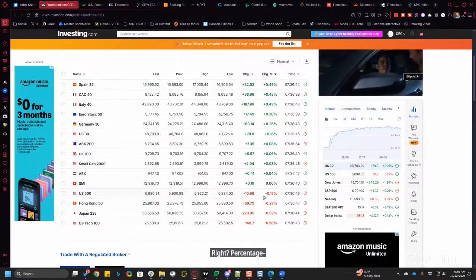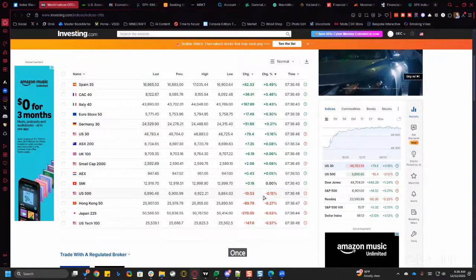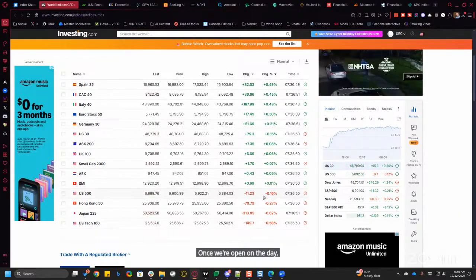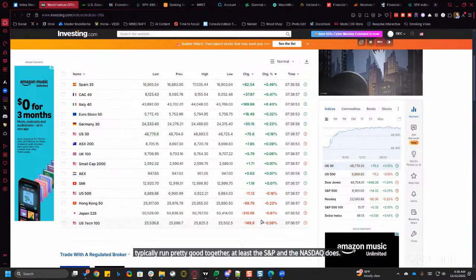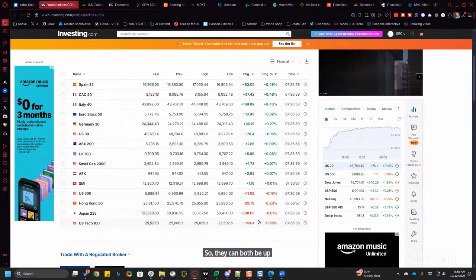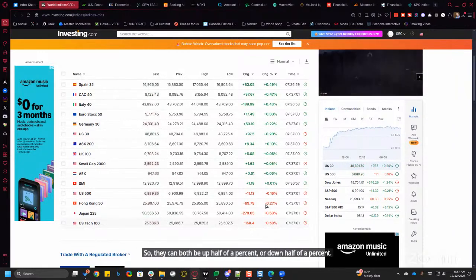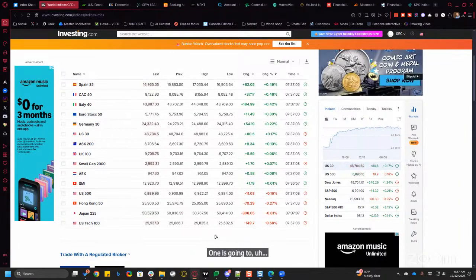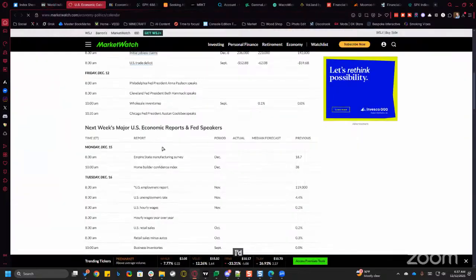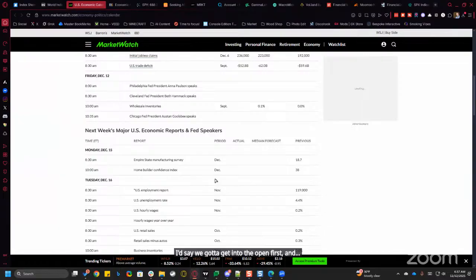Percentage wise, once we're open on the day, the indexes typically run pretty good together, at least the S&P and the NASDAQ do. So they can both be up 0.5% or down 0.5%. When they're this far off, one is going to balance to the other. I'd say we've got to get into the open first, and then we'll see how that plays out.